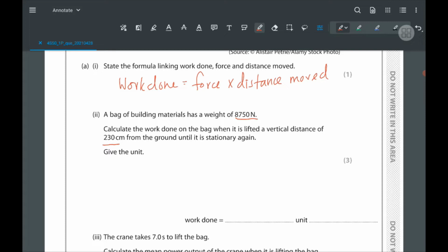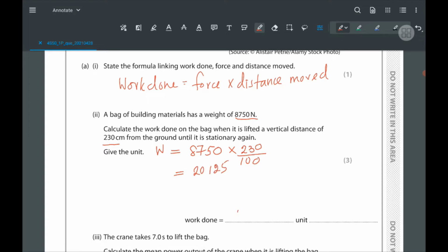So we will substitute into our equation. W equals force is 8,750, the same value we can write down. Now for this length, I'm going to write 230 divided by 100, so I'm going to get the answer in meters. Once we calculate this, the answer will be 20,125.